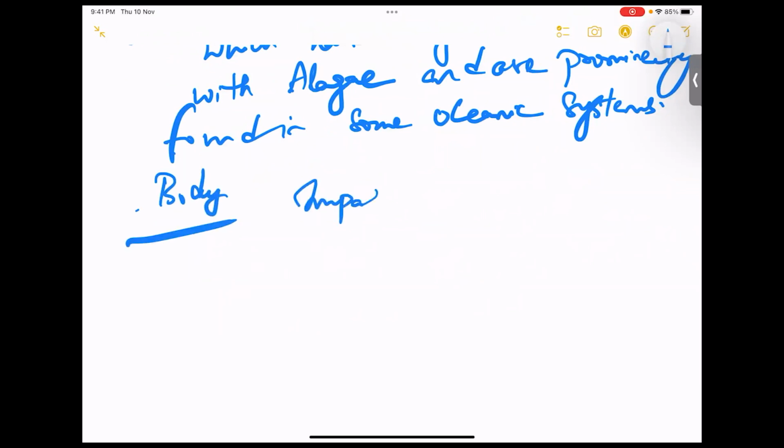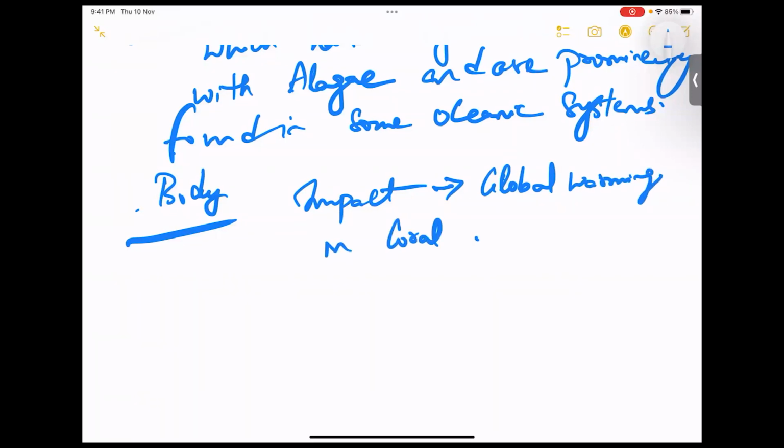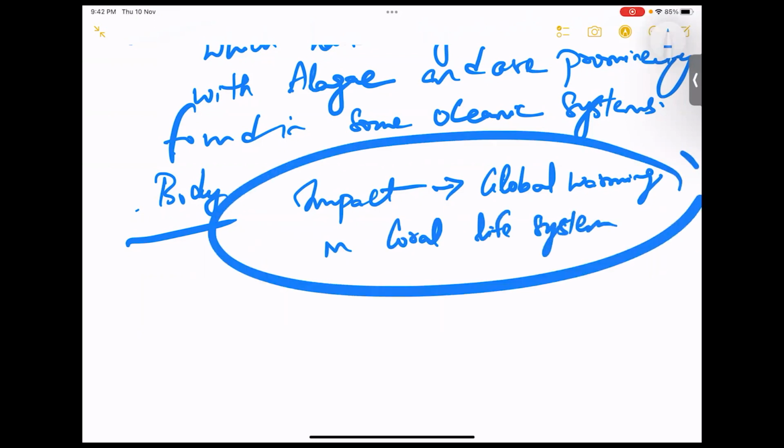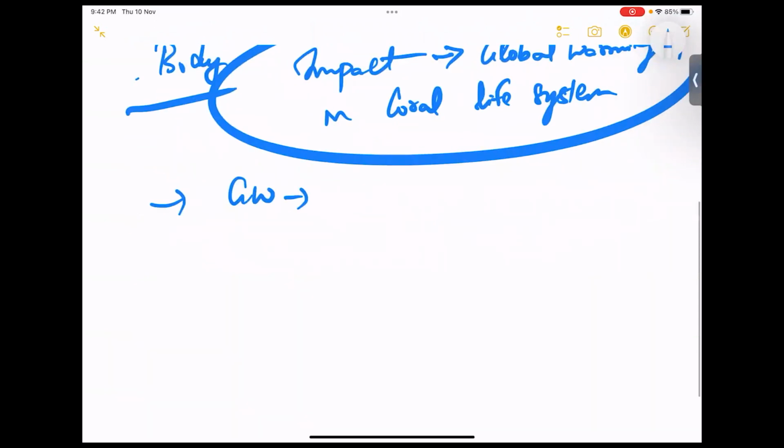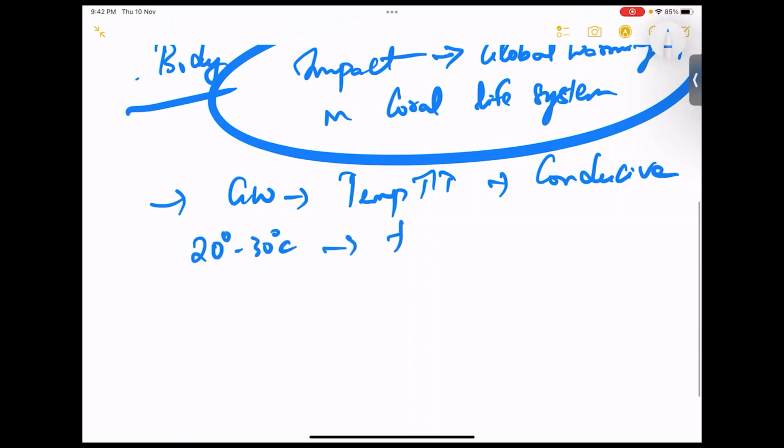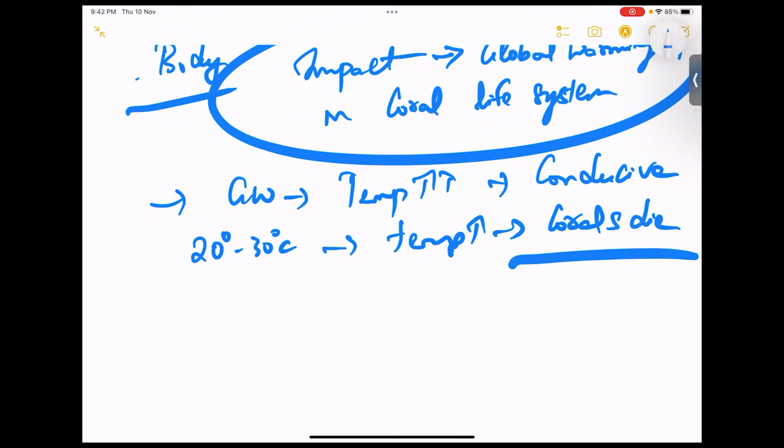In the body you will straight away come to the impact of global warming on coral life system. So what are the impacts? Basically global warming increases the temperature, and the conducive temperature generally for corals is around 20 to 30 degrees Celsius, and due to increase in temperature the corals tend to die.